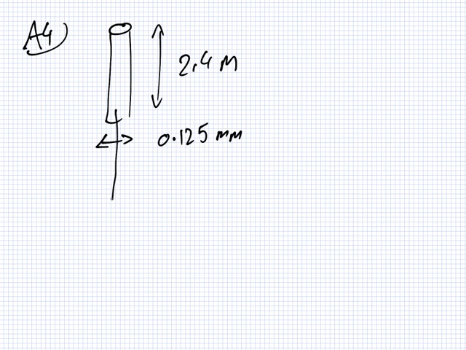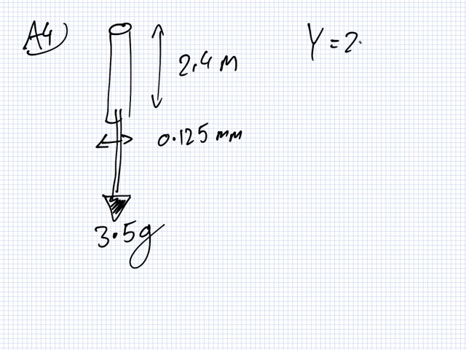There's a mass pulling down on it of 3.5 g. And Young's modulus for steel is 2.11 times 10 to the 11 pascals. And the first question is, what is the strain?